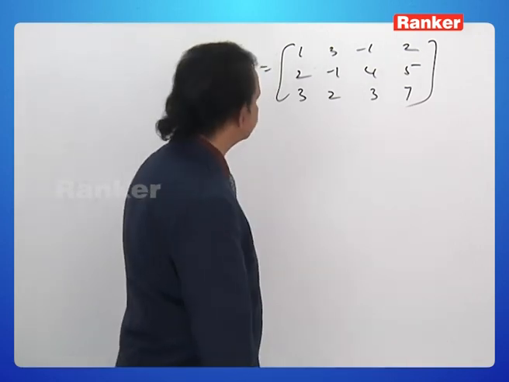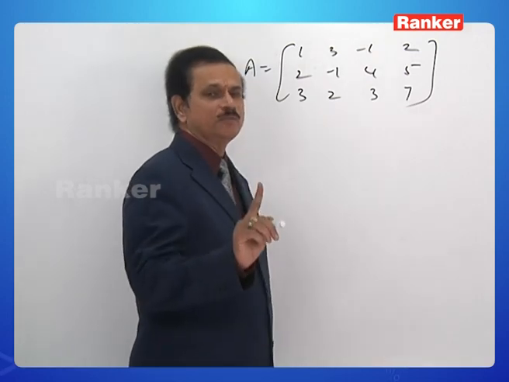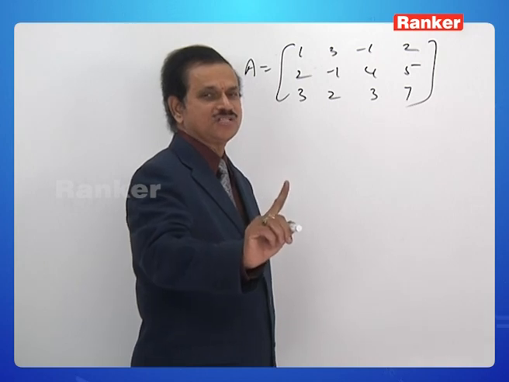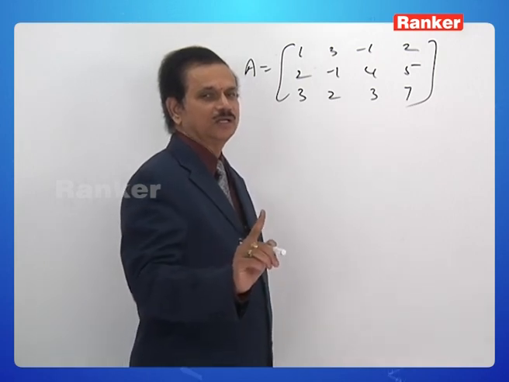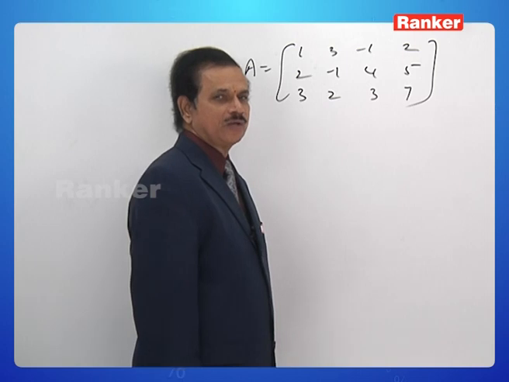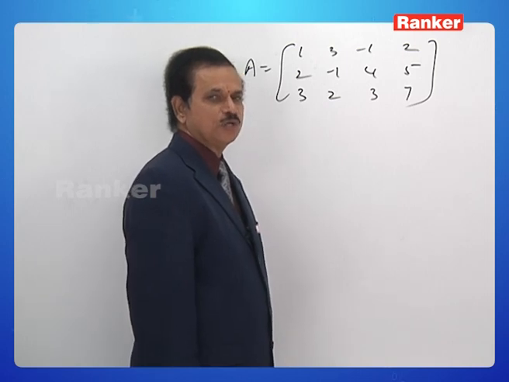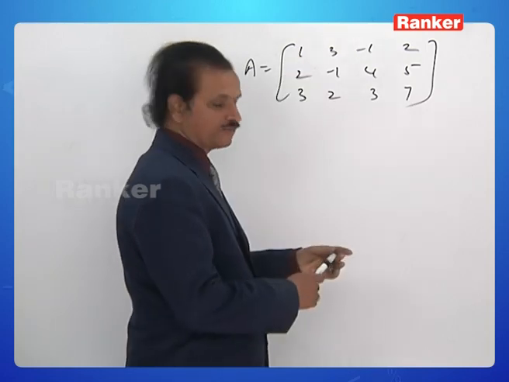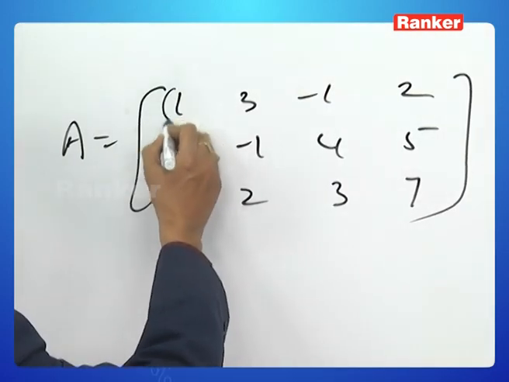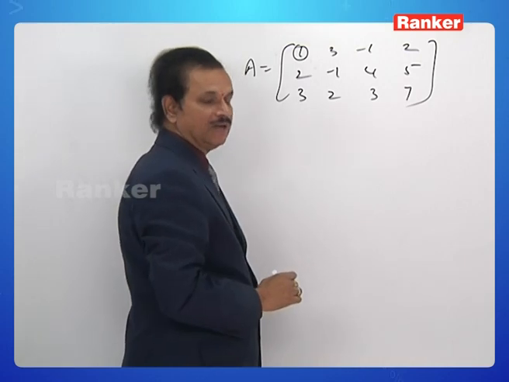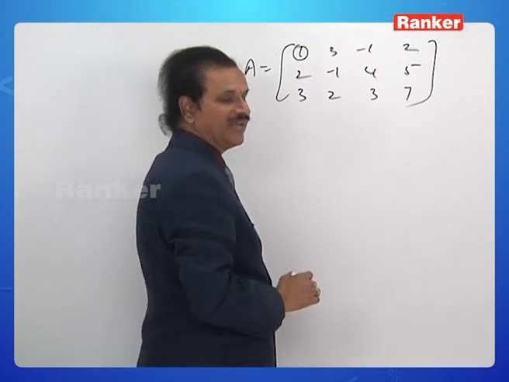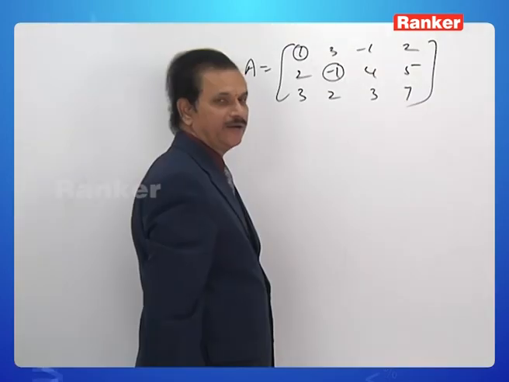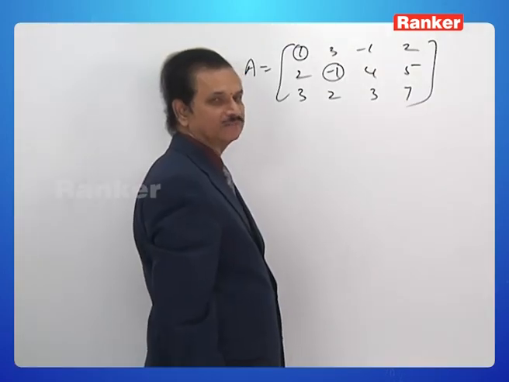Look here. Don't ask me how and why. You just proceed as I say. Use elementary row operations to make all the entries below the first entry, first column, zero. After that, make zero all the elements which lie below the entry, second row, second column entry.